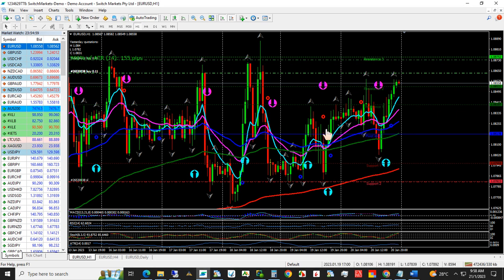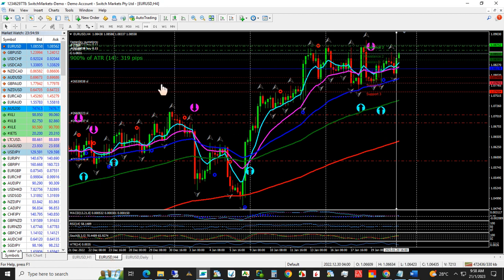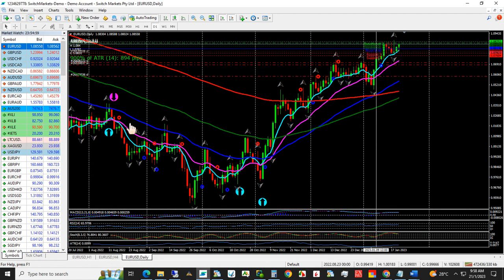So for this, we'd have gone 9 times the 1 hour ATR, which in this case is 70. For this, we'd have gone 9 times the 4 hour ATR, which is 9 times 35. And then for the master one, the daily, we'd have gone 9 times the daily ATR.